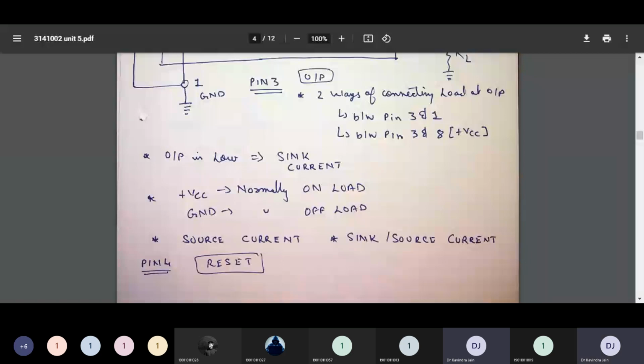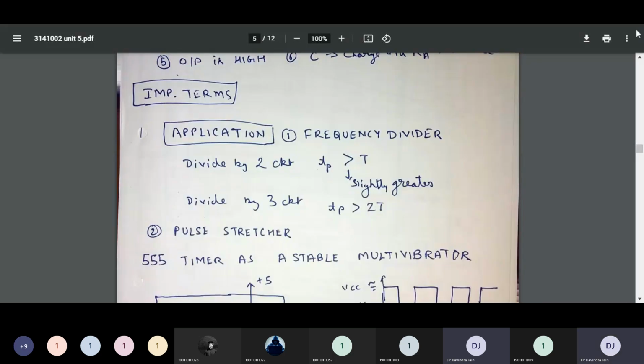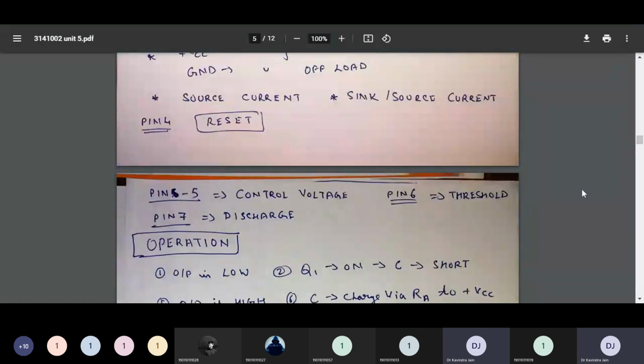When pin number 4 is not in use, then it is connected to plus VCC to avoid false triggering. I repeat again: when pin number 4 is not in use, then it is connected with plus VCC to avoid false triggering. Now we move on to the next pin, that is pin number 5.